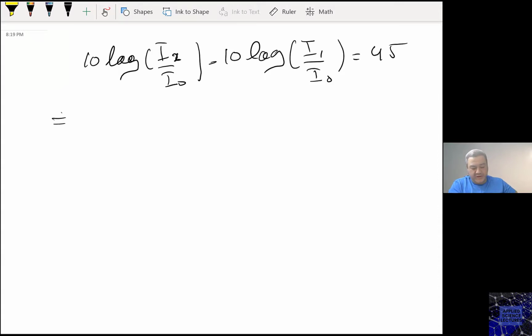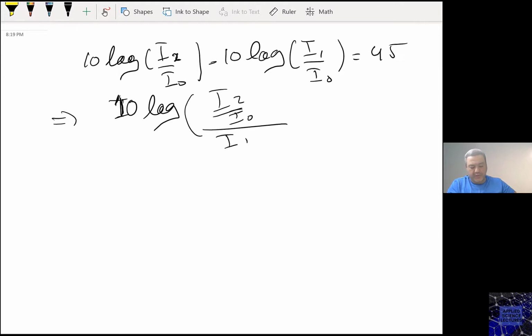Which means that I have 10 logarithm of I2 over I naught divided by I1 over I naught equals 45 dB. Here I naught would cancel, assuming we have the same threshold.